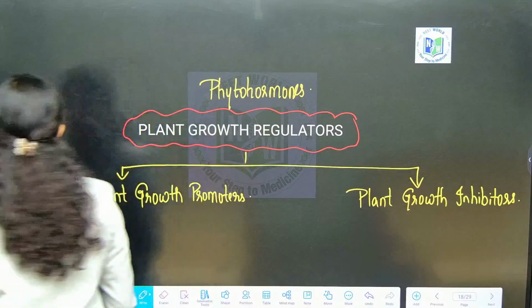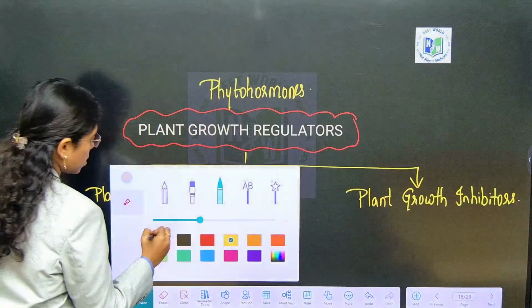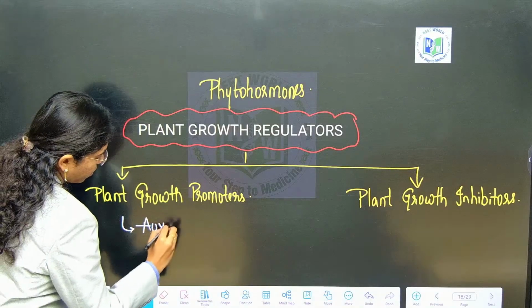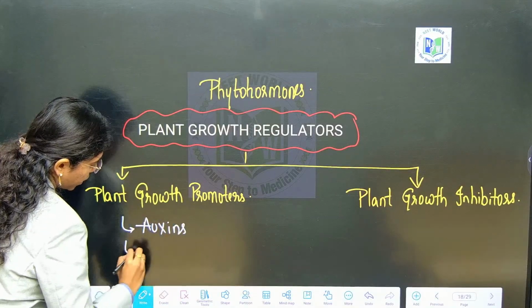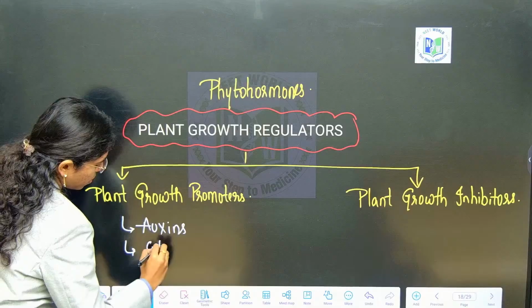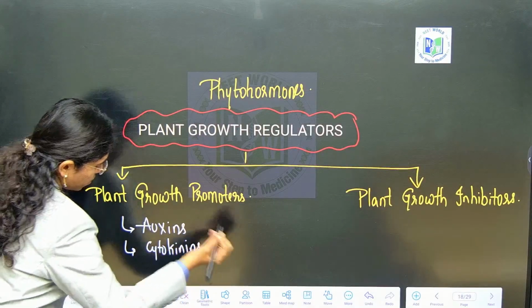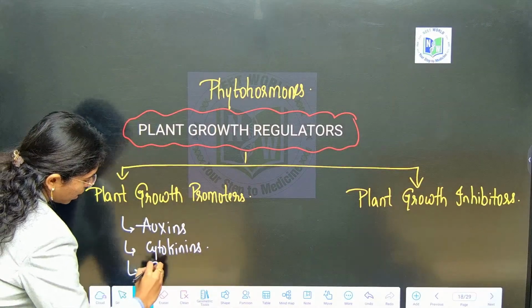Growth promoters include auxins, cytokinins, and gibberellins.